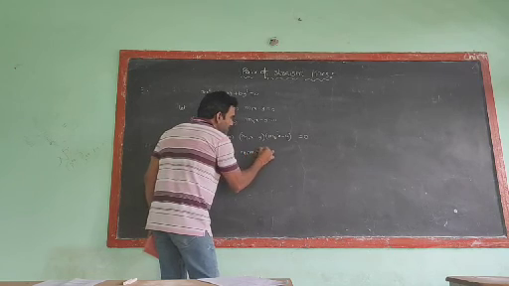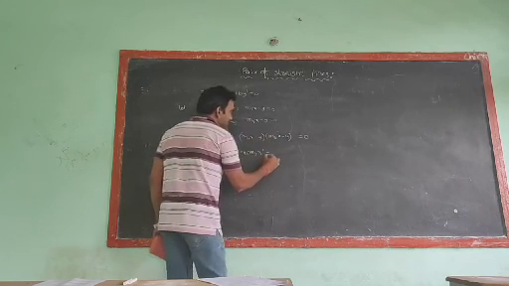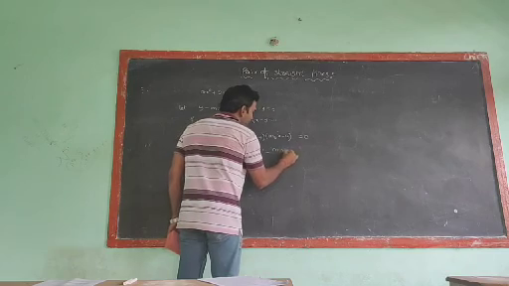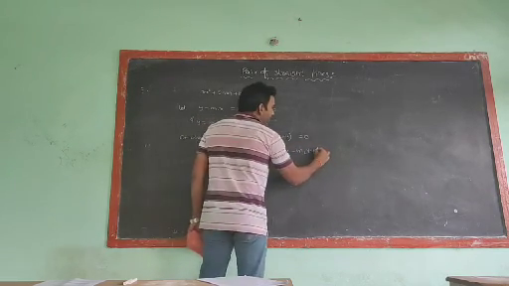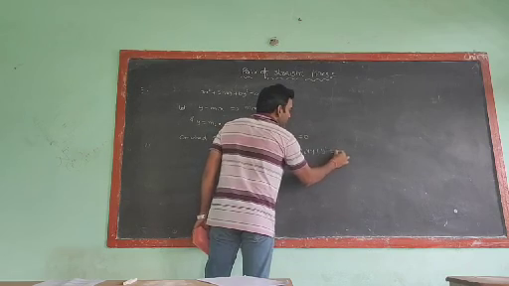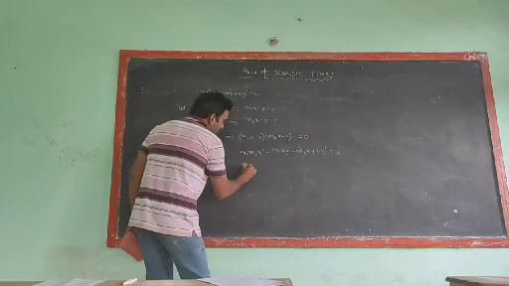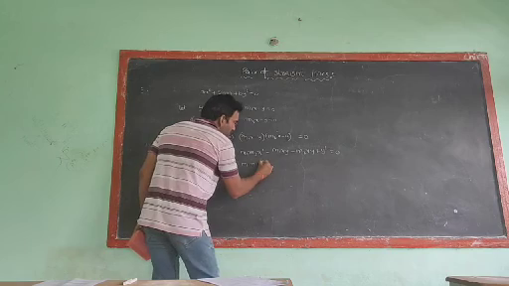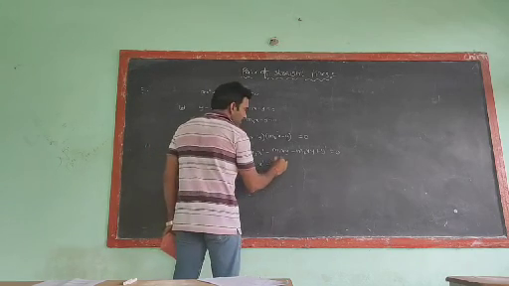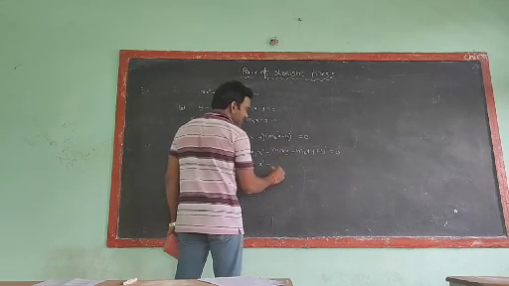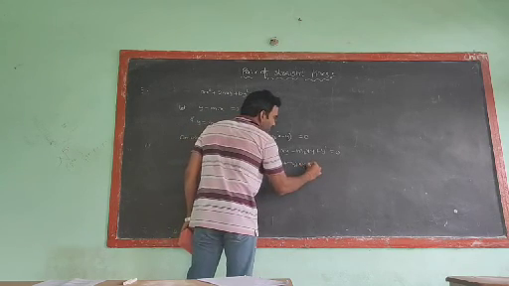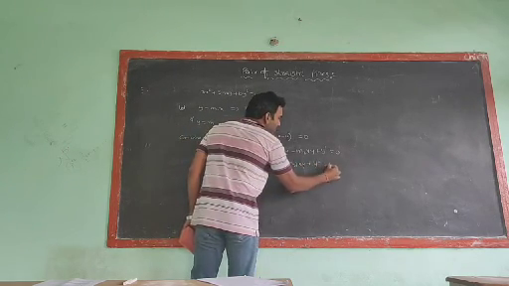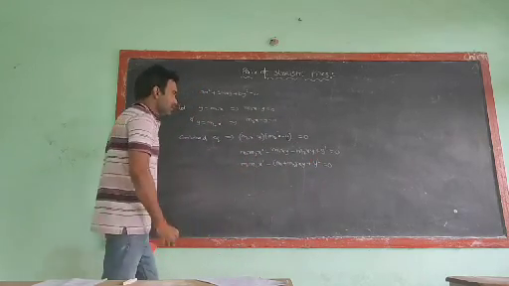m1 m2 x square minus m1 xy minus m2 xy, minus into minus plus y square equal to 0. So m1 m2 x square minus, taking xy as common, m1 plus m2 into xy, plus y square equal to 0.